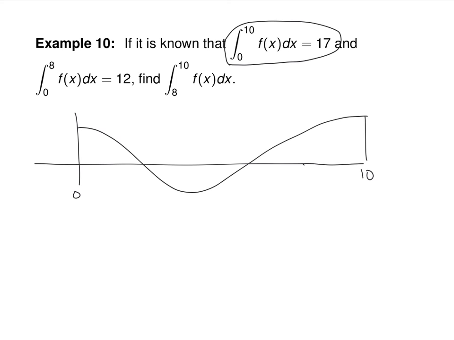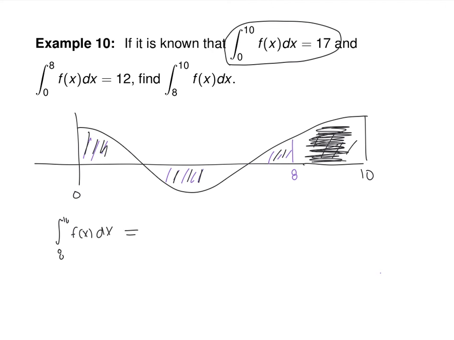So you know the area from 0 to 8 is 12, right? So here's the area from 0 to 8. The area from 0 to 10 is all of that, right? So how would you find the area from 8 to 10 using the information that you've been given? As in, I want you to get me this part.